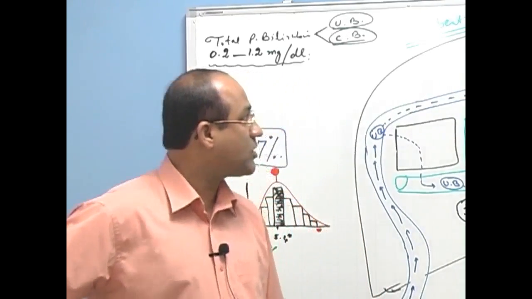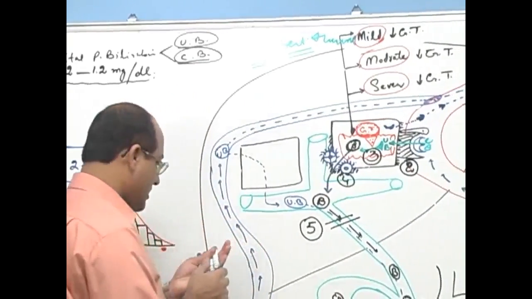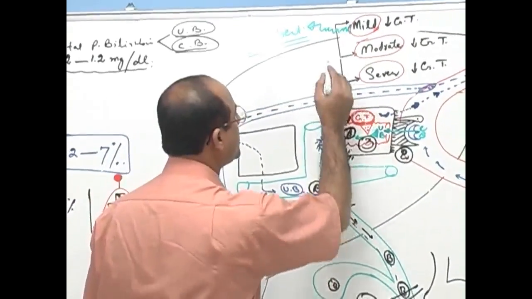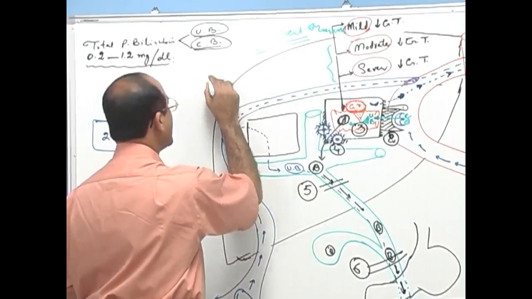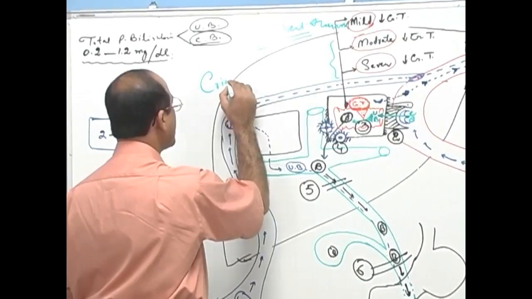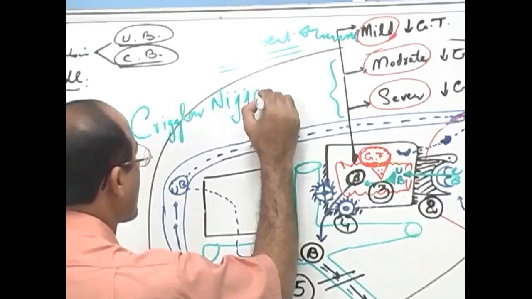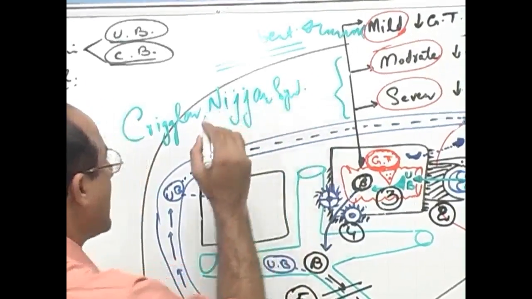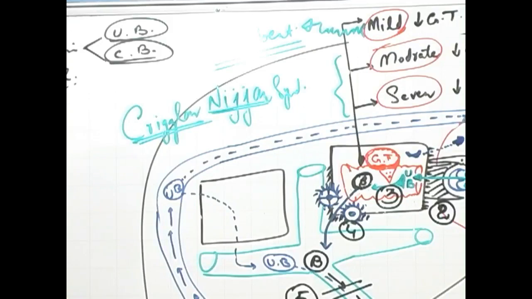Now we come to the problem of those who have moderate and severe deficiency. The people who have moderate or severe deficiency of these enzymes are labeled as Crigler-Najjar syndrome. Right?